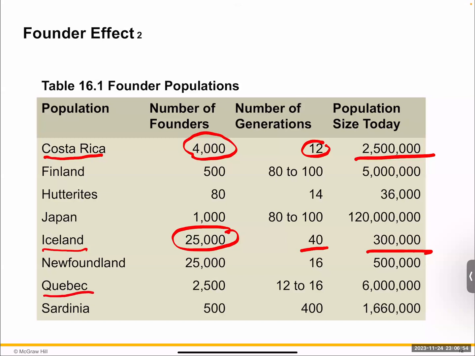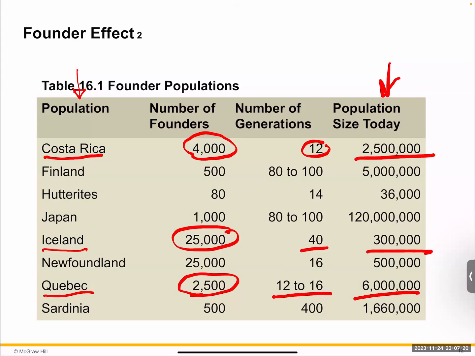Quebec is another good example. In Quebec, Canada, the original population that migrated was about 2,500, and between 12 to 16 generations the number has gone up to 6 million people. So again, this is the original population where they came from, and this is the final population that is created based on their new environment.